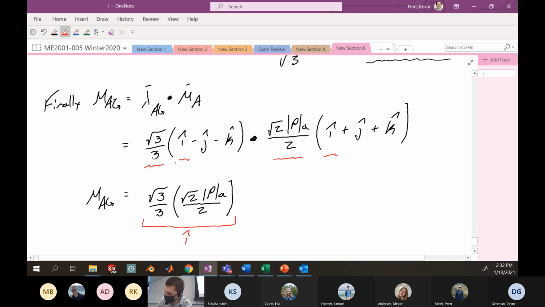Next, I have to consider the contribution from the j hat components. Okay. So I have a negative sign here, so we're going to have a subtraction.